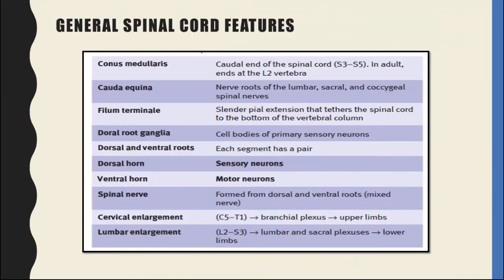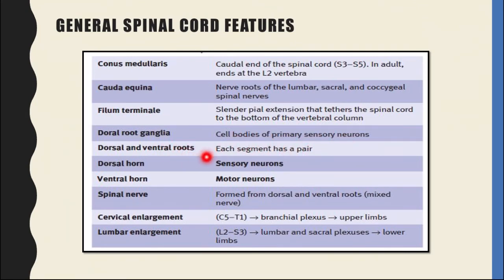Then there is the filum terminale. What is the filum terminale? It is the pial extension of the pia mater. Pia is the innermost meningeal layer that tethers the spinal cord to the bottom of the vertebral column. Dorsal root ganglia contain the cell bodies of the primary sensory neurons.